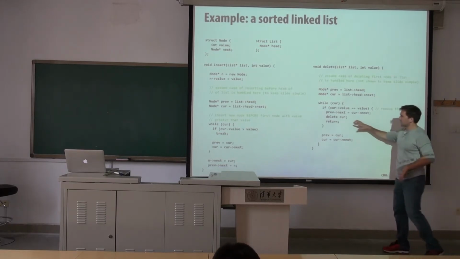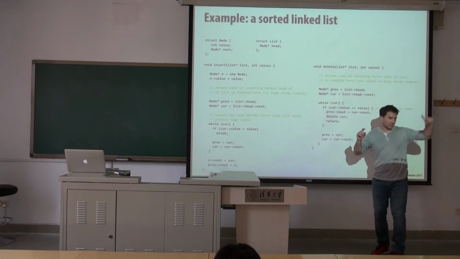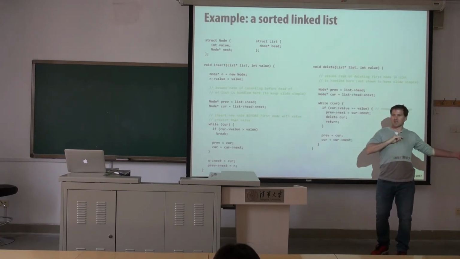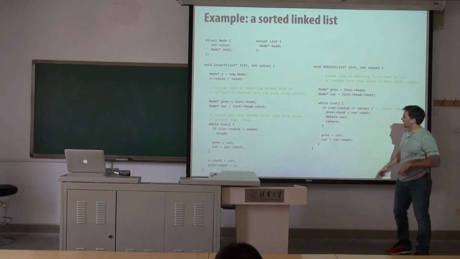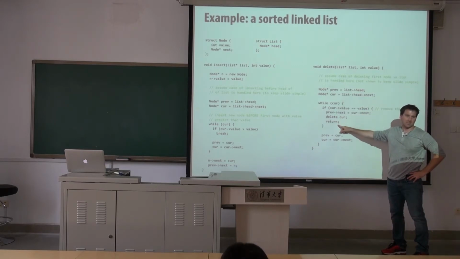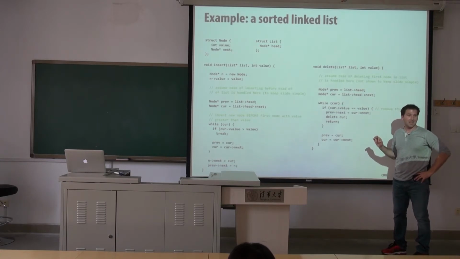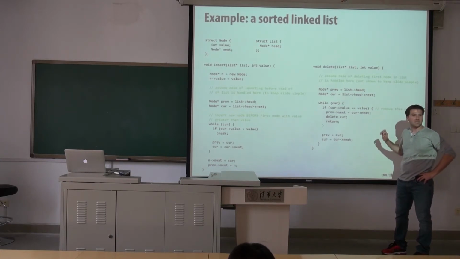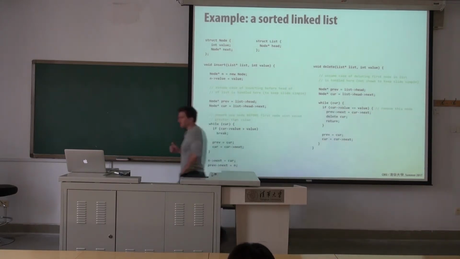If you find it, we need to delete it. Remember, deletion from a linked list means we take the previous node and make it point to the next node. Previous.next equals current.next, and then we can delete current. I'm going to assume that all of you have seen linked lists, and this code makes sense. Okay? Good.